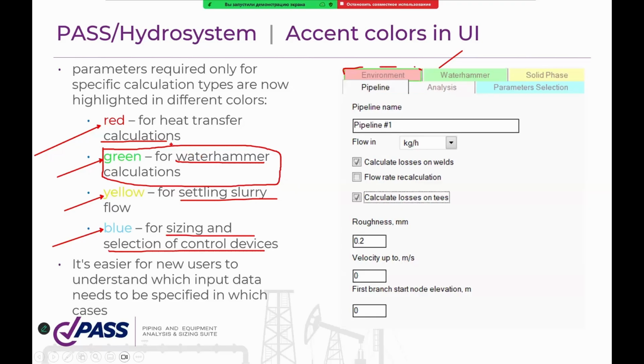So for instance, if you don't want to perform water hammer calculation, you don't need to fill this tab. You can see that it's not for your analysis. All you need to fill are the other tabs which are for your type of calculation.